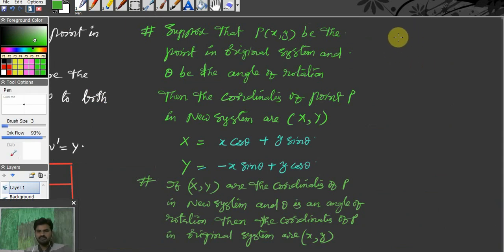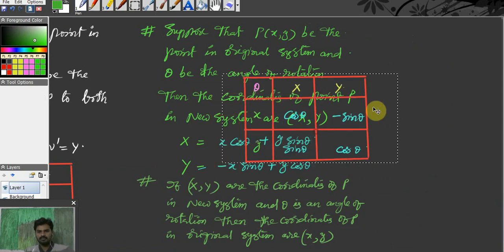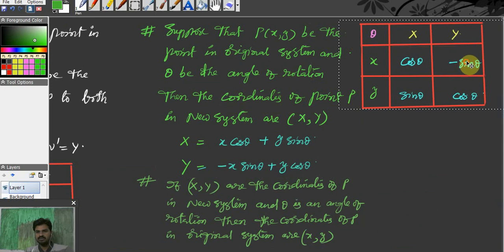Once again you have to take the table. This is the table in which we find the coordinates of the point in the original system, small x and small y.